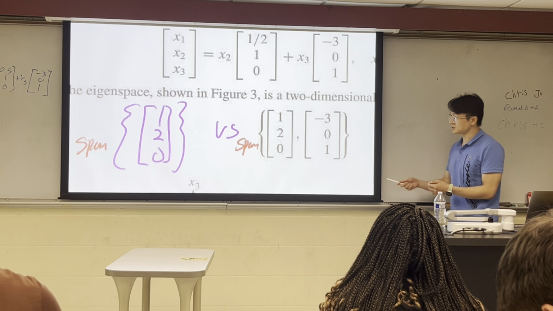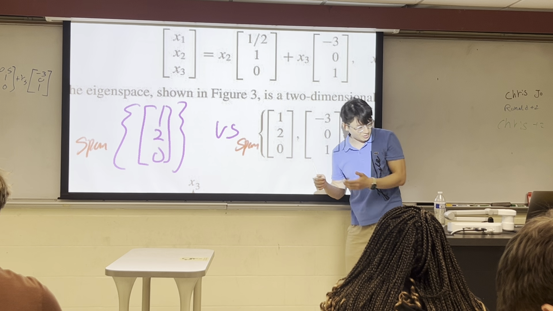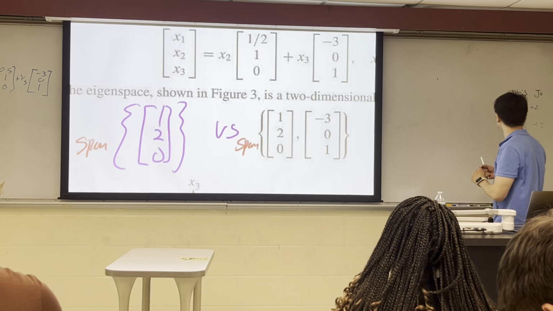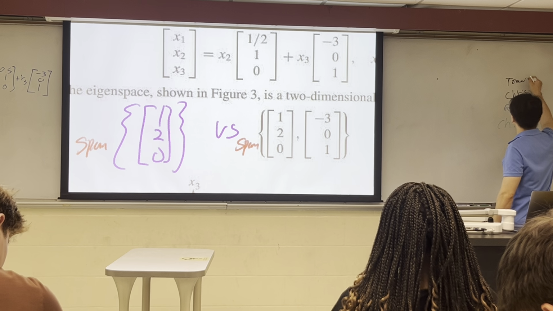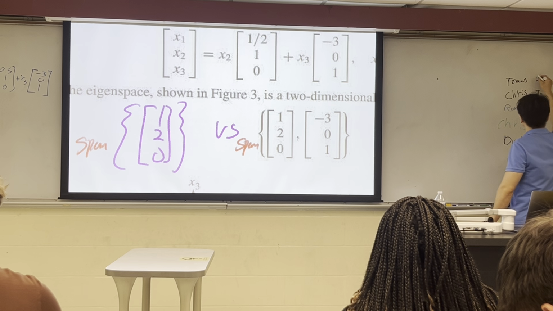What is the difference between these two? One is a line, one is a plane. Oh, great job. Why? Because there are two independent vectors, and you need three if it was the whole span of the 3D space.